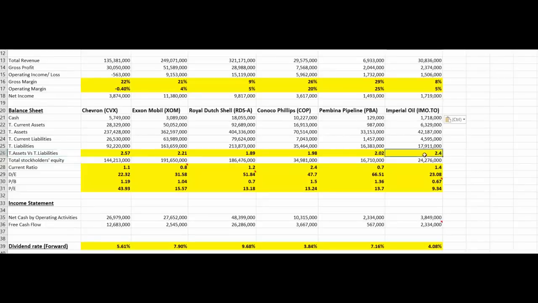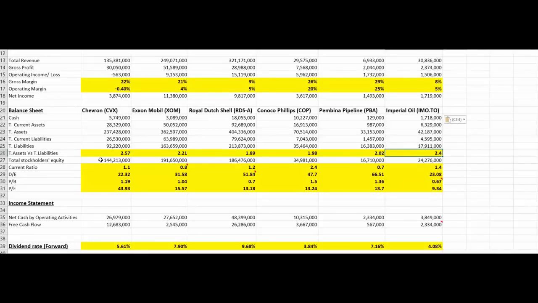So this is quite amazing to see that Imperial Oil, being the smallest company, is handling its assets and increasing the assets quite nicely as compared to the other four huge players. And Chevron and Imperial Oil have the best ratio. But guys, above 1.5 or above 1 is good, and these are above 1.5. So I would say all are in a better position when it comes to paying off their long-term liabilities as well.